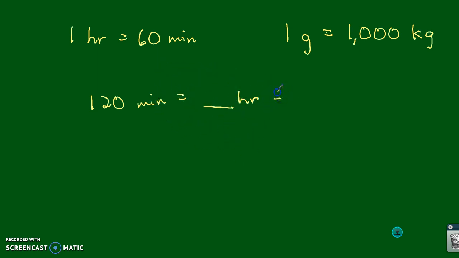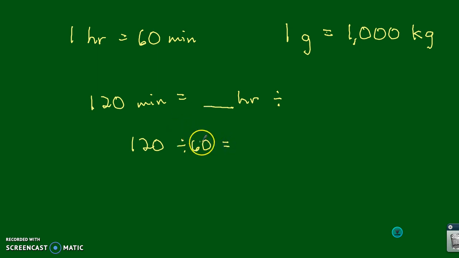So that means we divide, and we're going to take our starting point here, 120 minutes, and divide this by 60. Now, 120 divided by 60 might be a little bit hard for you to think about in your head.